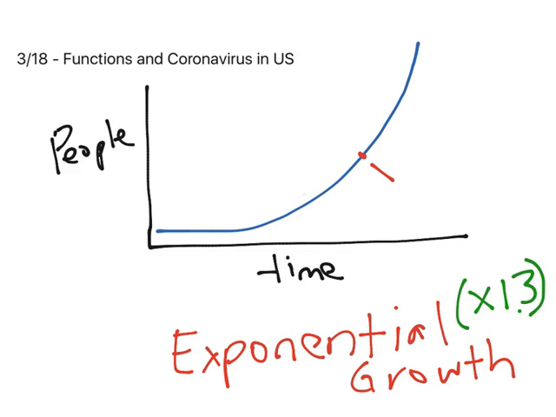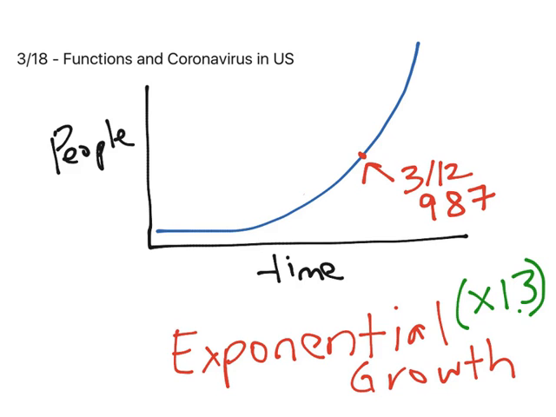Now, on March 12th, the number of people in the US that we know have coronavirus is 987. Remember, this is the people that we have tested and know. A lot more people probably have the virus, but we don't know yet because they haven't gotten tested.